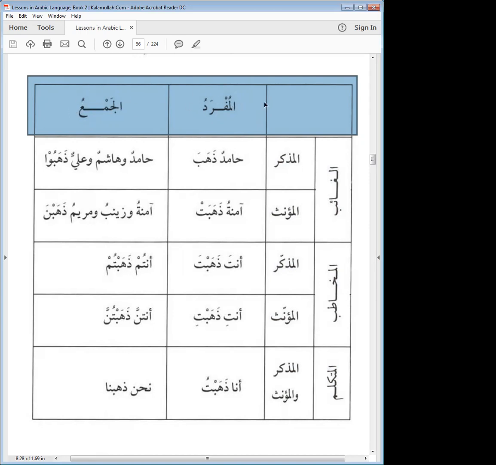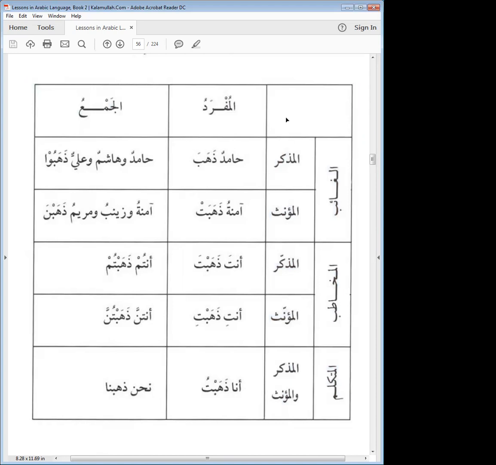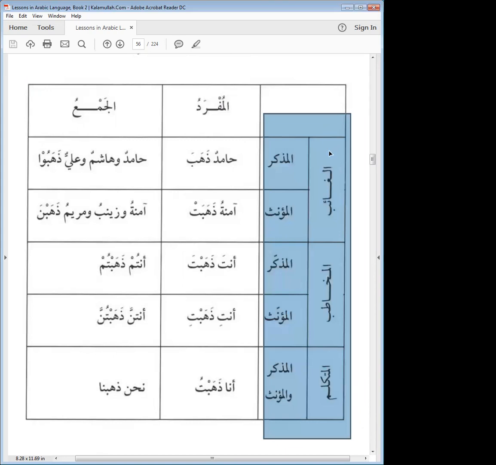On the side we have al-ghaib, which means the third person or those who are absent. Under al-ghaib you have al-mudhakkar and al-mu'annath, masculine and feminine.